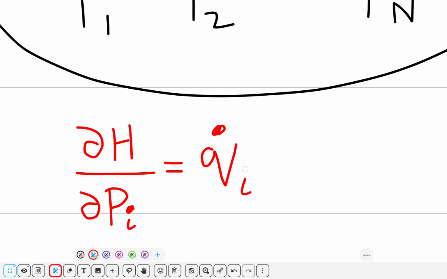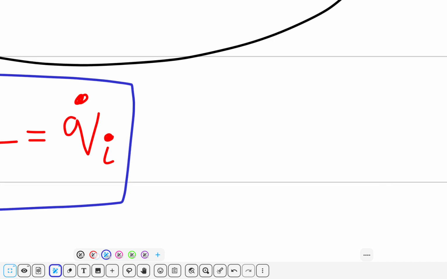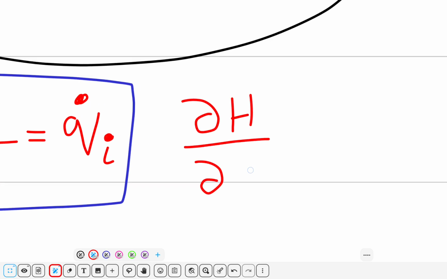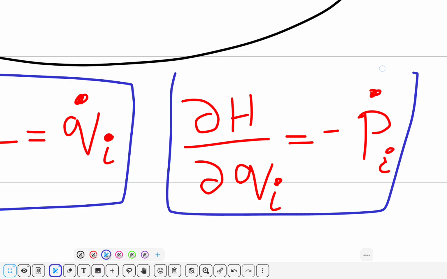This is one of them, where i goes 1, 2, 3, 4 until n, and the other one is this one. These are the two equations.